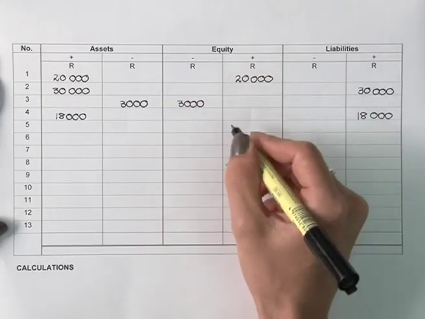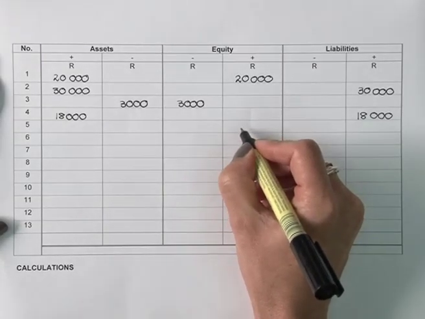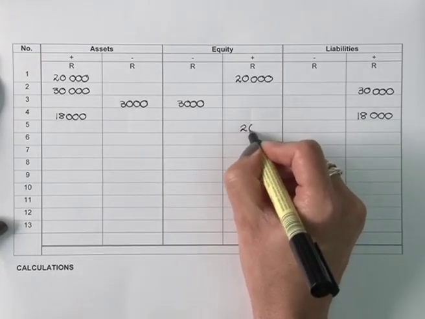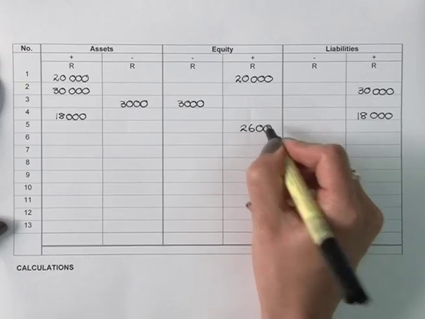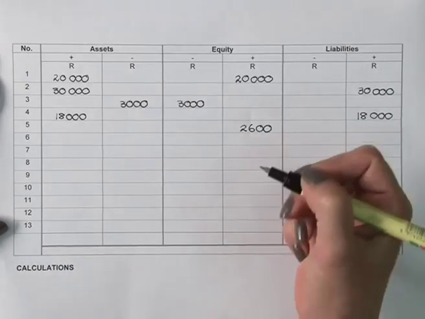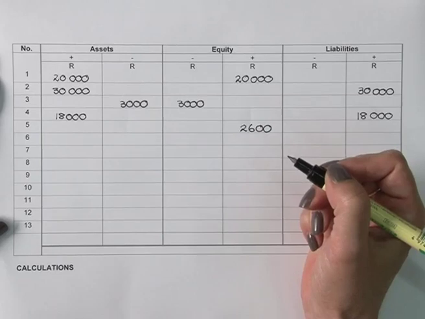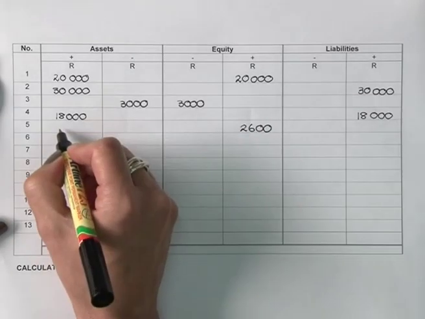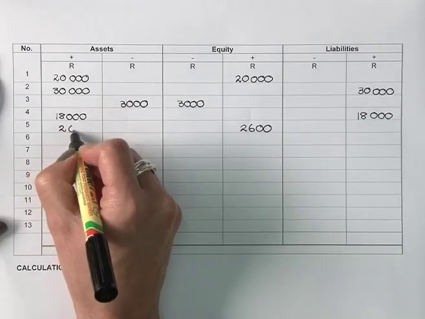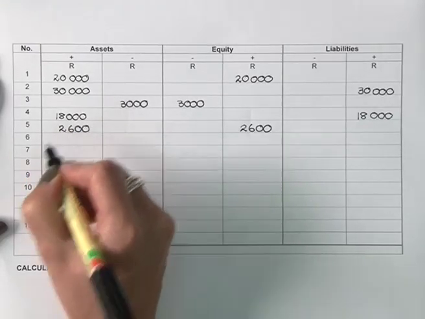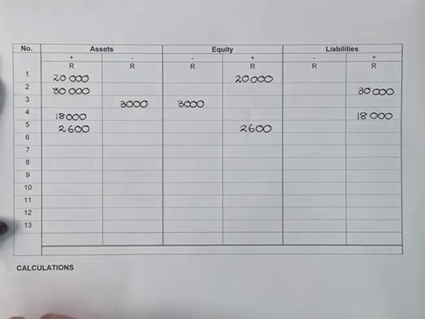That means that she added to the business to the value of 2,600 Rand. 2,600 Rand increase in equity. What was added to the entity? That was a desk, chair and filing cabinet, which can be classified as assets. So we have another increase in our assets of 2,600 Rand.